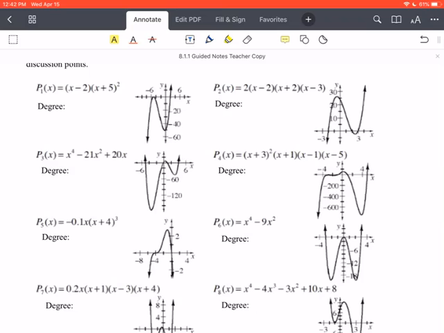So I'm not even looking at the graphs for this question. But I see this first one on the left is not in standard form, but then P2 looks to be factored. P3 is in standard form. Okay, P4 is in factored form.